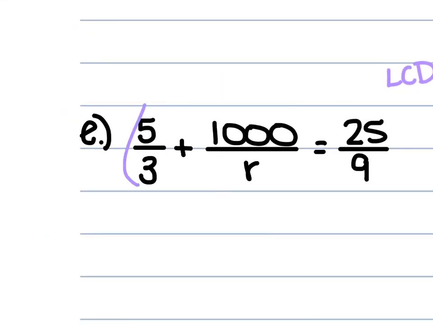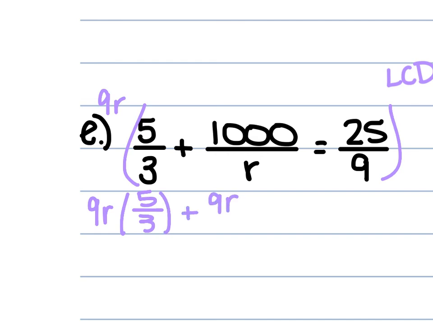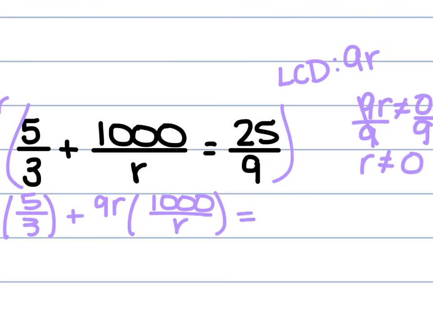We're going to multiply the entire equation by 9R. We're going to have 9R times 5 over 3 plus 9R times 1,000 over R is equal to 9R times 25 over 9. So the 9s are going to cancel out here.